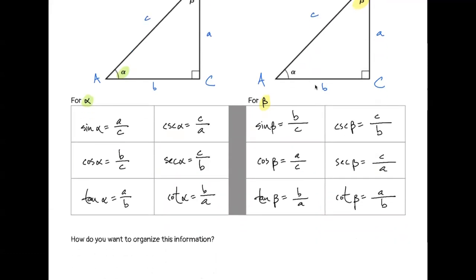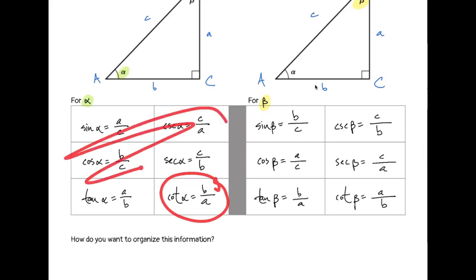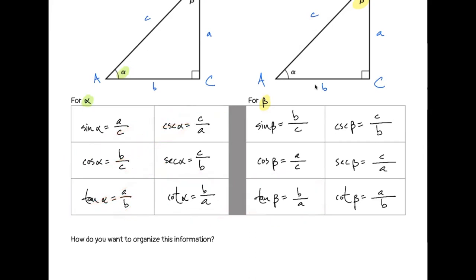Let's actually stick with this cotangent alpha down here. I like this one. So cotangent alpha equals B over A. Do we see B over A anywhere else in this table? Tangent beta. Yeah, we don't see it on this side, but as soon as we peek over to the other side, oh my gosh, yeah, we see another B over A. So let me start color coding some of this, okay?